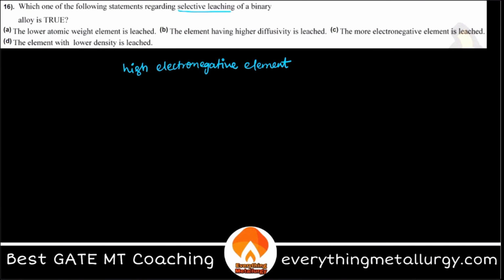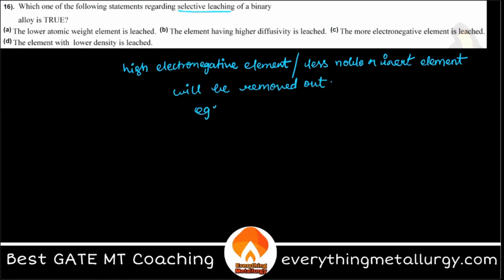Okay, so a higher electronegative element, or you can also say less noble or inert element, will be leached out, will be removed out. Okay, so best example is dezincification.